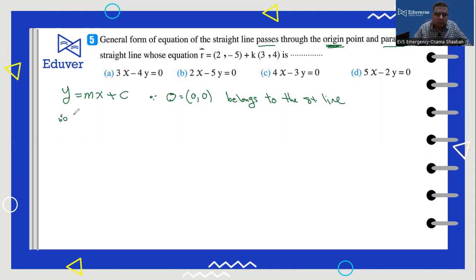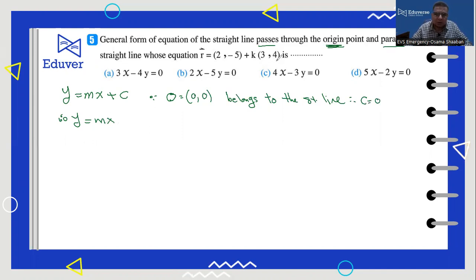Therefore, y equals mx only, c equals 0, okay? So you can put here y by 0 and x by 0, so you will get c equals 0. So y equals mx. I need the slope.